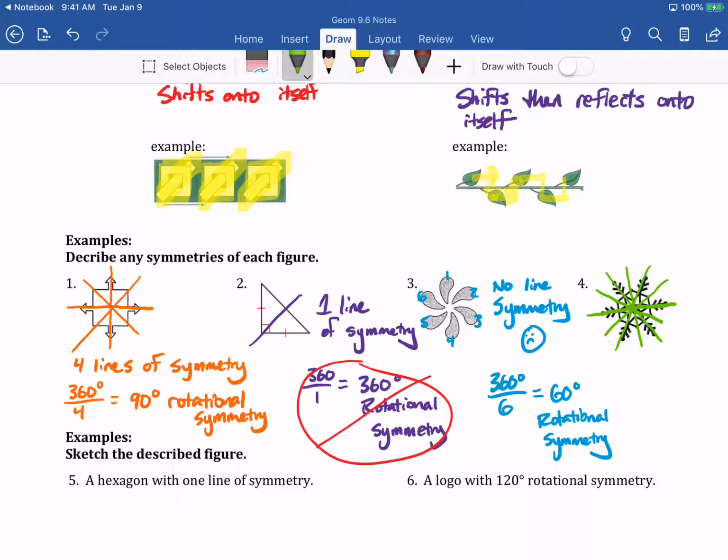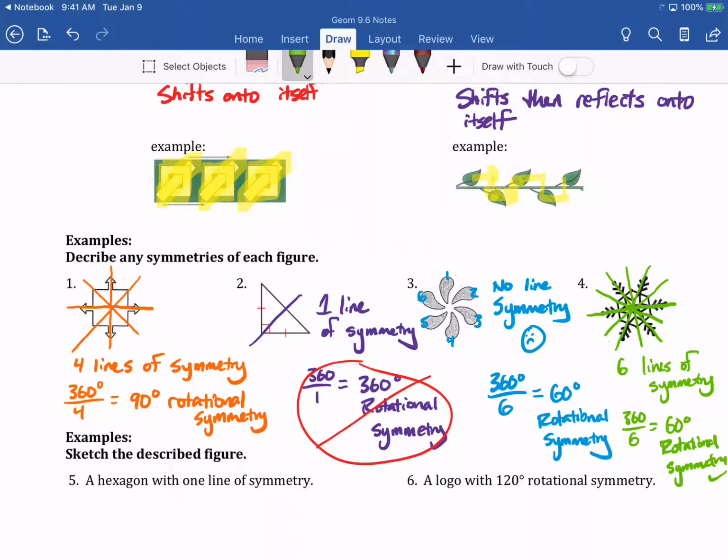So notice we have 6 lines of symmetry here. So if it has 6 lines of symmetry, automatically we could take 360 degrees divided by 6, and we'd get 60 degree rotational symmetry. All right, so that one's got quite a bit of symmetry going on there as well.